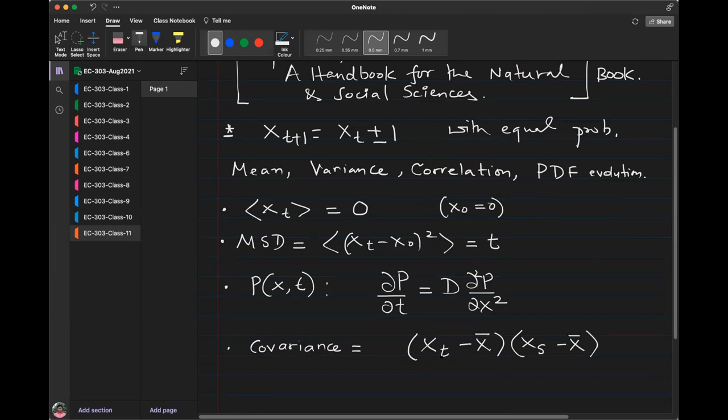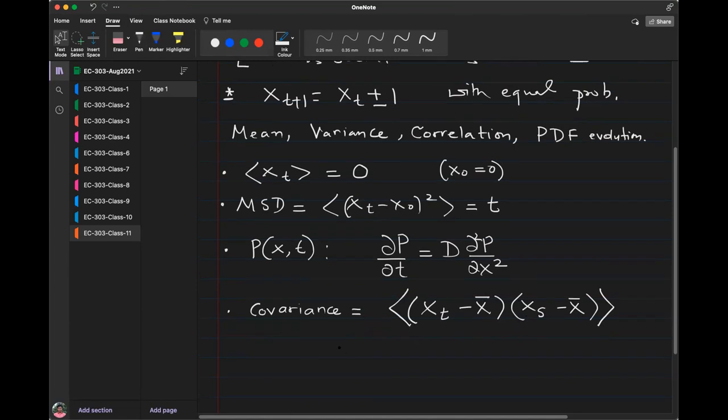So basically xt is one random variable, xs is another random variable. Okay, so if you take the deviation of xt from its mean and the deviation of xs from its mean, and take the product of these two and take the expectation value, that gives us covariance.